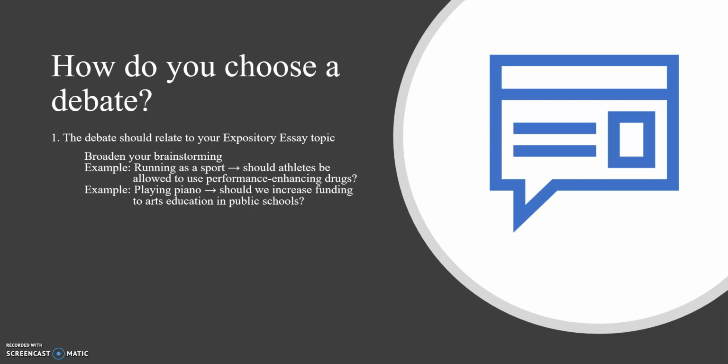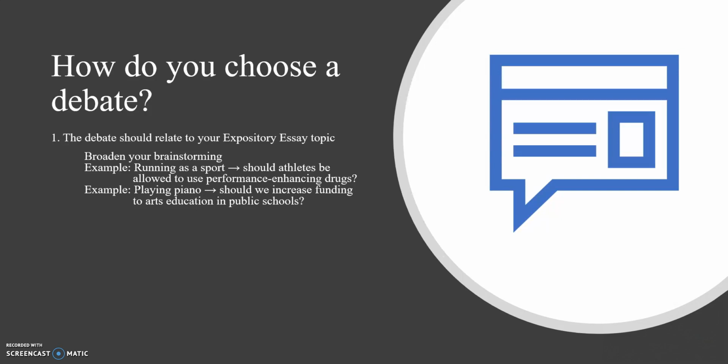So for instance, perhaps you could think about the question, should athletes be allowed to use performance-enhancing drugs? It's a question that's been in the news a lot lately. So this is something that would apply to running, perhaps, but other sports as well. So this could be one way to broaden how you approach trying to figure out what to write about for this persuasive essay topic.